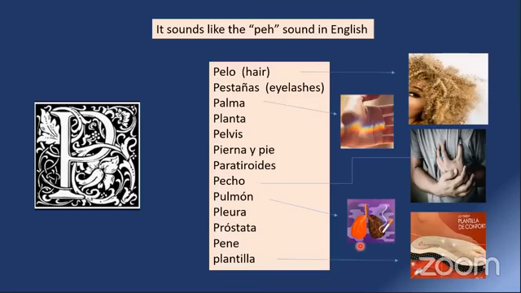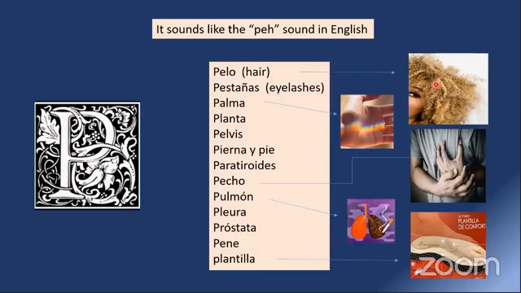Next one here. Letra P. A couple of things. What's pelo? Pelo is hair. Remember the first and the second lesson, we learned how to describe ourselves. And we said, yo soy pelinegra. I'm saying my hair is black.